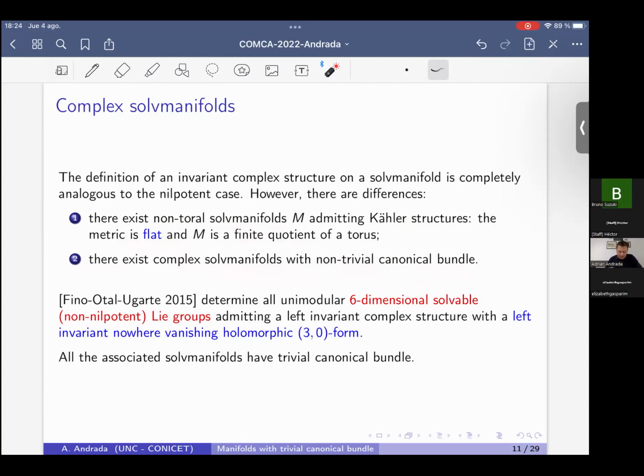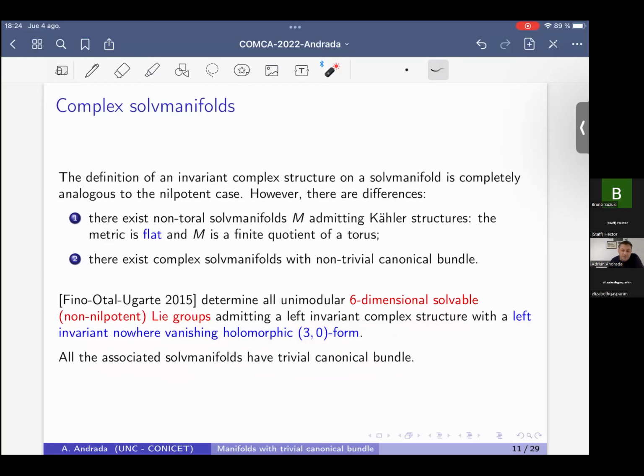So, for instance, Fino, Otal, and Ugarte recently were able to determine all unimodular six-dimensional solvable non-nilpotent Lie groups which admit a left invariant complex structure with a left invariant nowhere vanishing holomorphic 3,0 form. So all the associated solvmanifolds to these Lie groups have trivial canonical bundle.